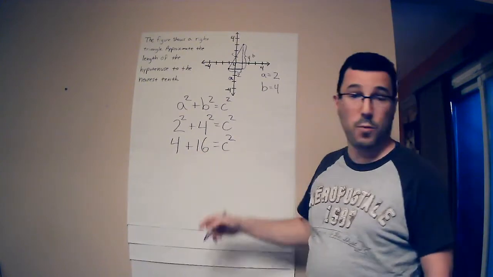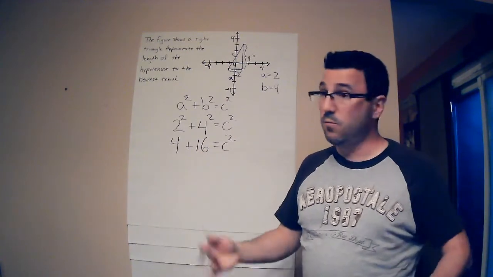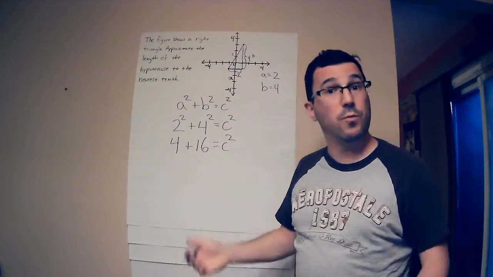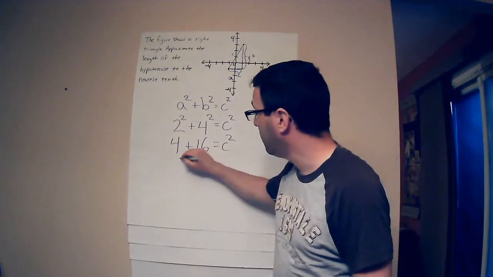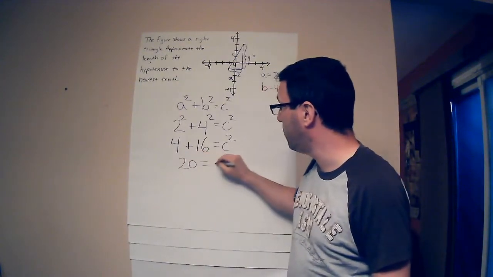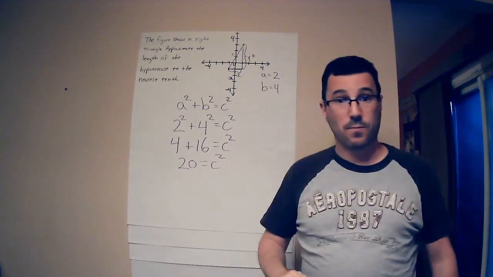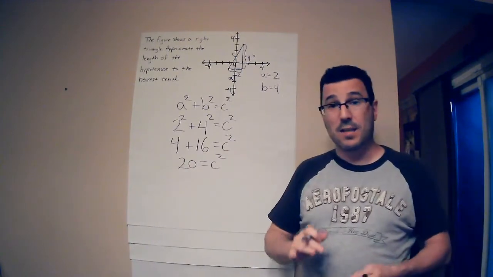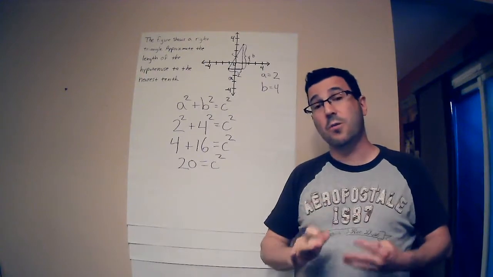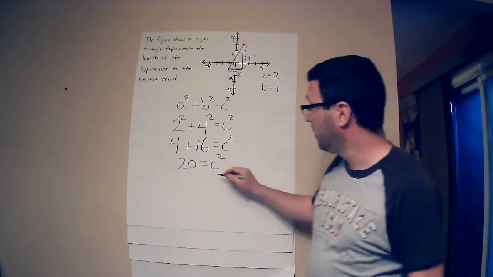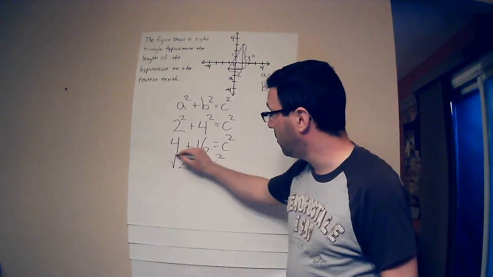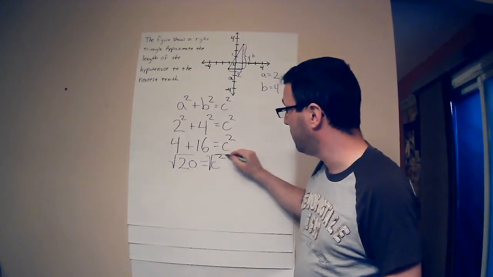Okay. 4 plus 16, obviously, it's simple addition. It's 20. Okay. So 20 equals C squared. But now I need to take the square root because I just want to know the length of C. So I'm going to go and put my square root symbols around.